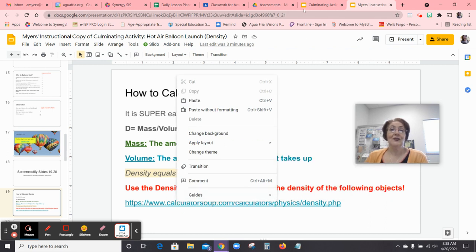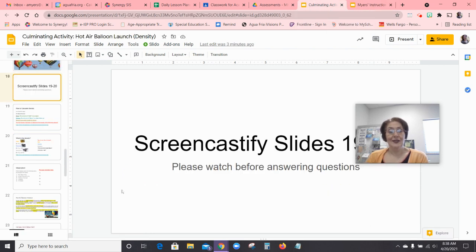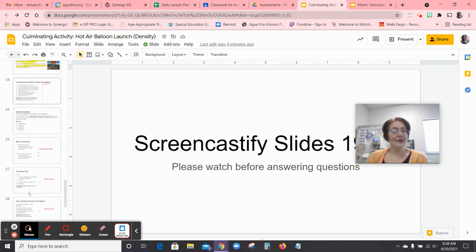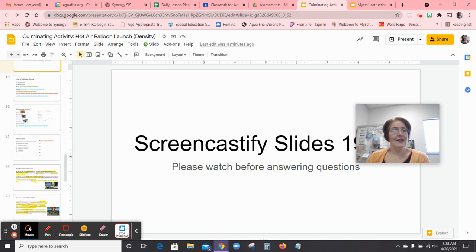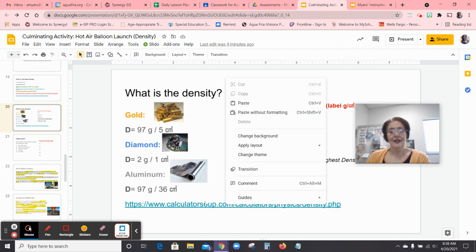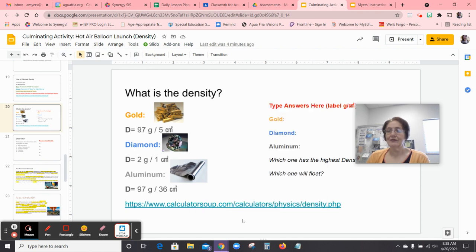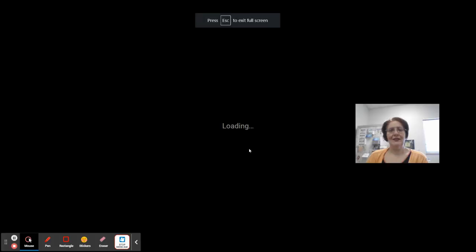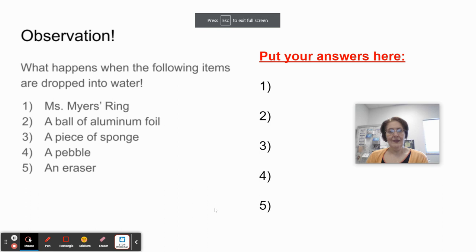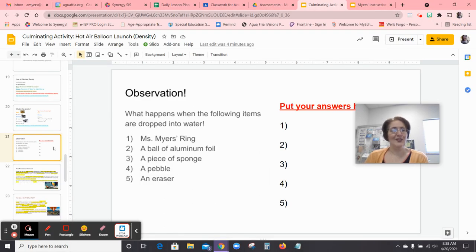I'll go to another slide and see if it'll let me do it there. Oh, I'm going to have to make this link usable for you. Let me see if it works like this. Yeah, I'm going to have to fix that. I promise I will have that fixed before you actually do this.